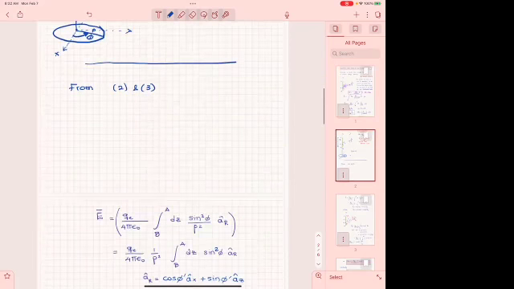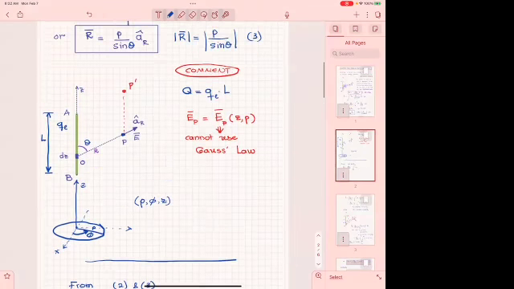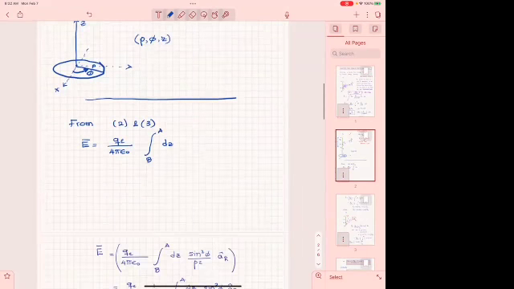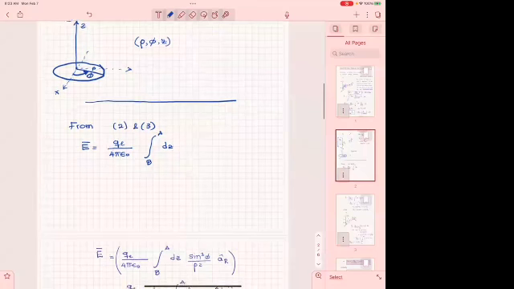And that gives us that E equals Q sub L, the constant in front, coefficient, then the integral from B to A, and then I will do the substitutions carefully so you see them, and it's going to be vector R is rho over sine theta A sub R. Let me see. What did I say? Vector R is rho over sine theta, excuse me, rho over sine theta A sub R.